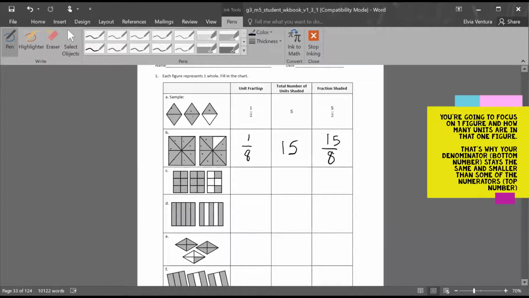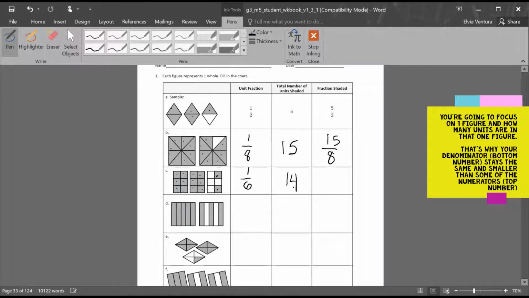The next one, it says unit fraction, and we have 1, 2, 3, 4, 5, 6. This is 1, and it's going to be 6. So 1/6, okay? Then the total number of units shaded, we have 6, and then 7, 8, 9, 10, 11, 12, 13, 14.